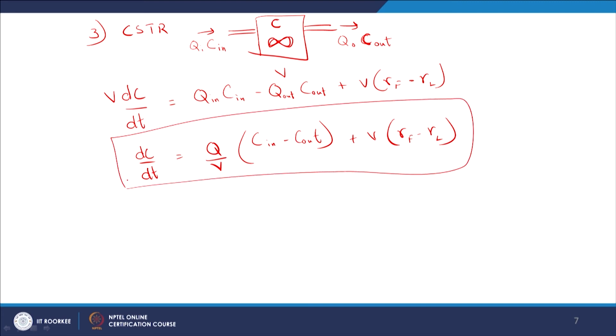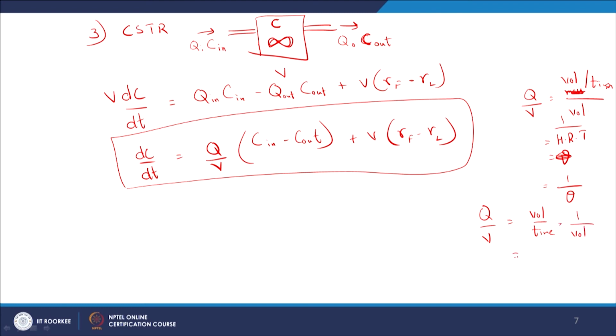And what is Q by V? Q is volume per time, divided by volume, so that is equal to 1 by time, or 1 by HRT, hydraulic retention time, pardon me.